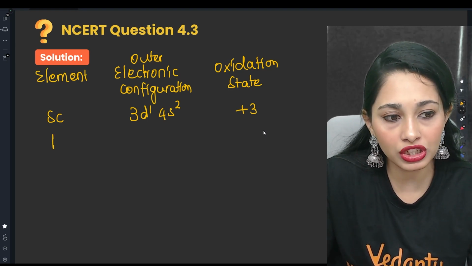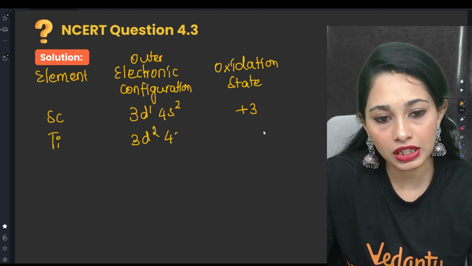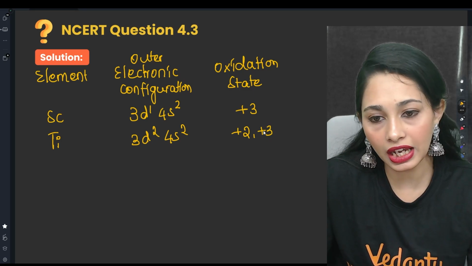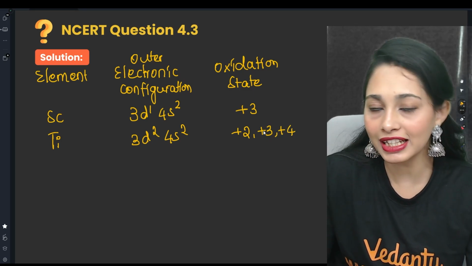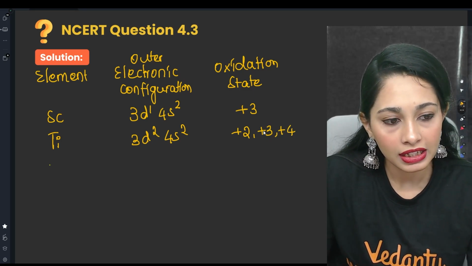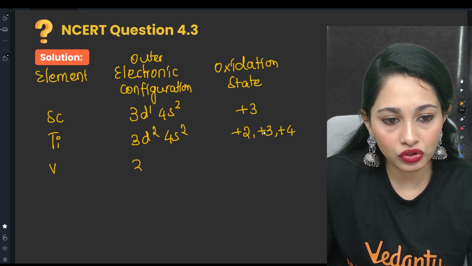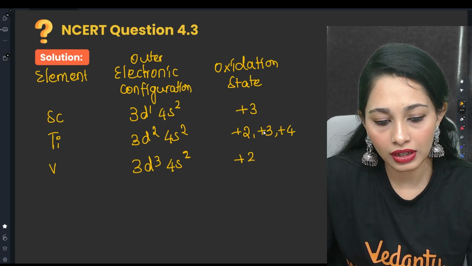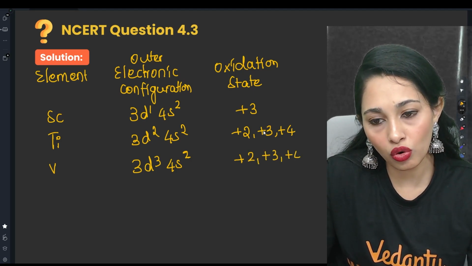And if we talk about titanium, 3d2 4s2. So plus 2, plus 3 and plus 4 are the oxidation states exhibited by titanium. Then we have vanadium, 3d3 4s2, with plus 2, plus 3, plus 4 and plus 5.